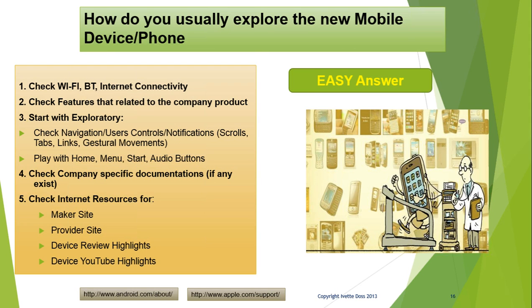So number 2, I put after we check for internet connectivity, is to check features related to the company product. Be smart. If your company is, for example, internet radio, do they really care about UI in the first place?